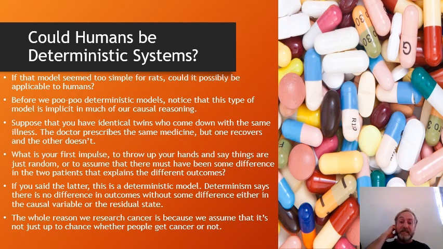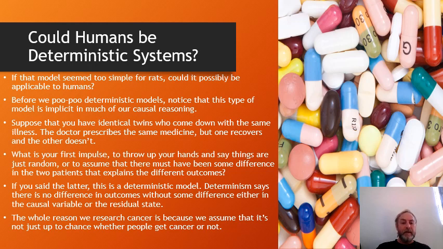We rarely know all the details of the residual state, but if all that were spelled out and we knew every part of it, then on the deterministic model, we totally could know whether a cause would determine the effect or not. So that's what determinism means. It's not saying that we know every bit of the residual state. It's saying if we knew every bit of the residual state, then everything would be deterministic, and we could know that a cause would guarantee an effect.